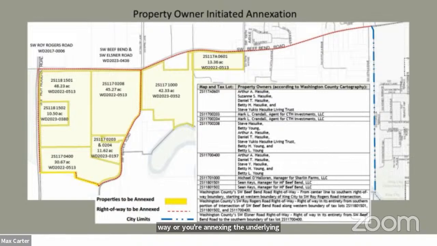So that I wasn't exactly clear on, because my experience has been that some of the property owners may own to the center line of the road. So if you're annexing the right-of-way, is that still eligible as a cherry stem, or do you have to actually annex the underlying property? So that's the question I've got.